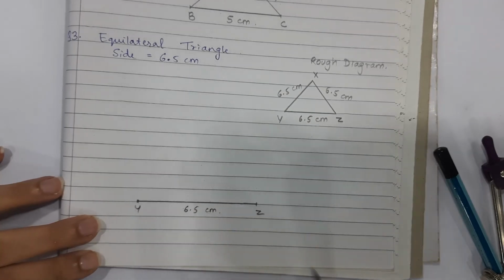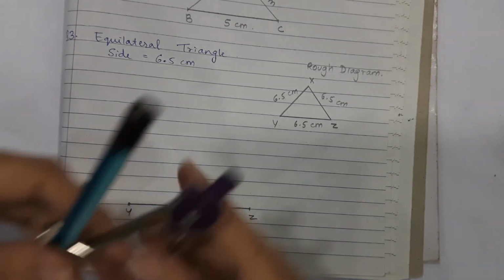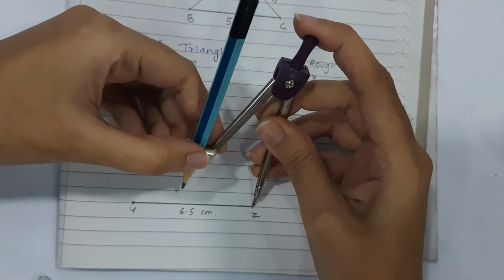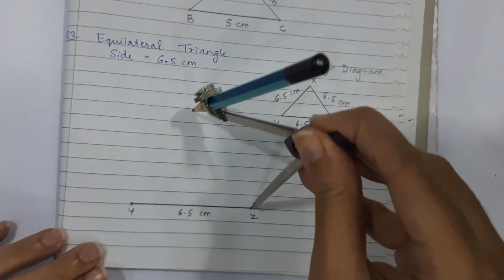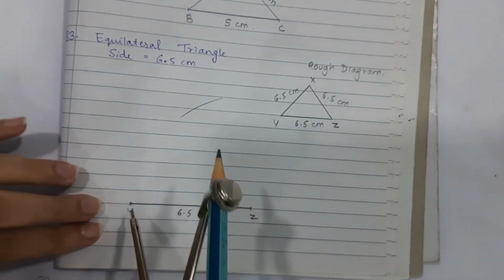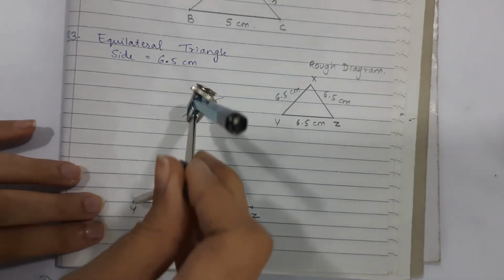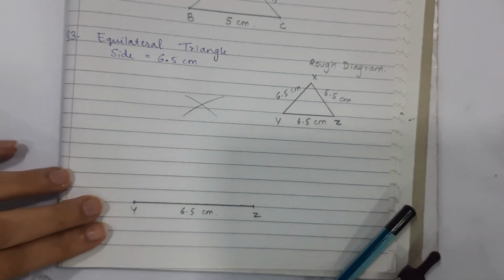Now I will take a compass and take the measure of this line segment which I have drawn, because it is 6.5 and the other sides also I want 6.5. So I am going to take the same measure of YZ, and then make an arc from point Z and one more arc from point Y. Do not change the measure of the compass, it should be the same.